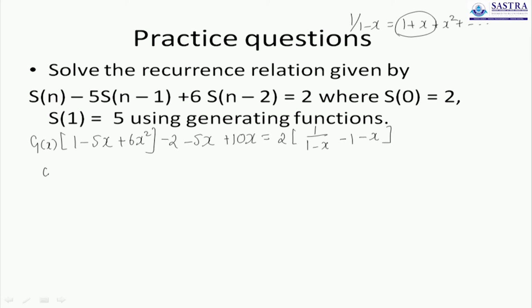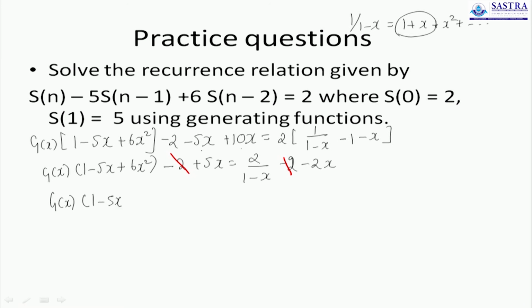Simplifying the rest, we have g of x times 1 minus 5x plus 6x squared minus 2, 10 and 5 give you 5 again, plus 2 times 1 upon 1 minus x minus 1 minus x. We can lose these 2 terms and rewrite the remaining. So we have g of x times 1 minus 5x plus 6x squared, and on the right we have minus 2 minus 5x, which is minus 7x.